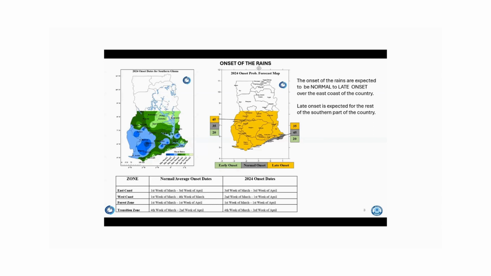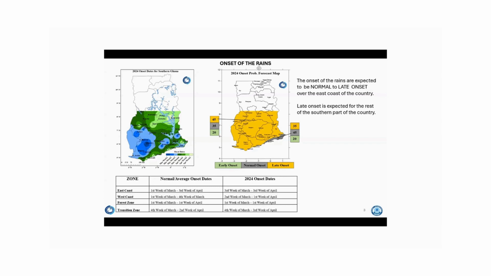In the legend, green shows that we're expecting an early onset, gray is normal, and yellow is late. So for almost the whole south, we are expecting a late onset to a normal onset, the gray one. And for the east coast of the country, we are expecting normal onsets.